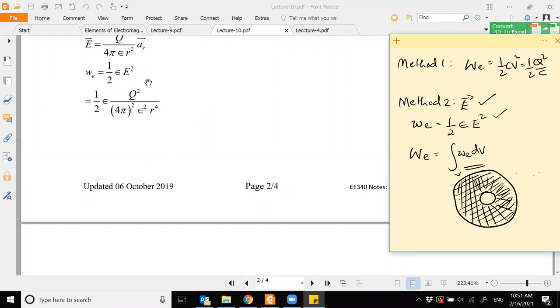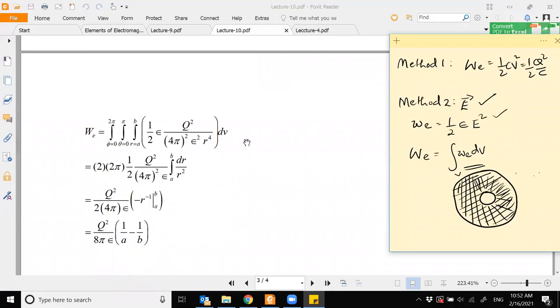For phi, it is the complete range from 0 to 2 pi, for theta the complete range from 0 to pi, but for r it is only from A to B. If you solve it, you will get the same answer. Okay, so we will stop here.